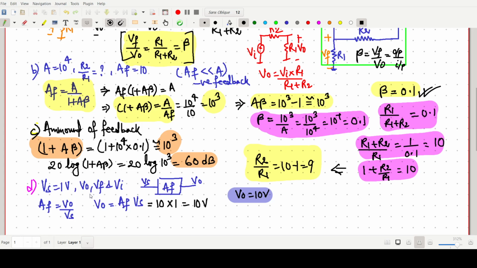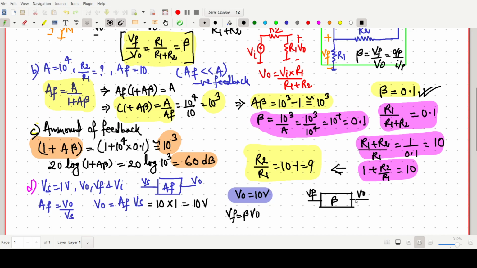Now we have to find the value of Vf. So what is the value of Vf? Vf is nothing but simply beta times V naught, because this one is beta, the feedback gain. This one is V naught and this one is our Vf.